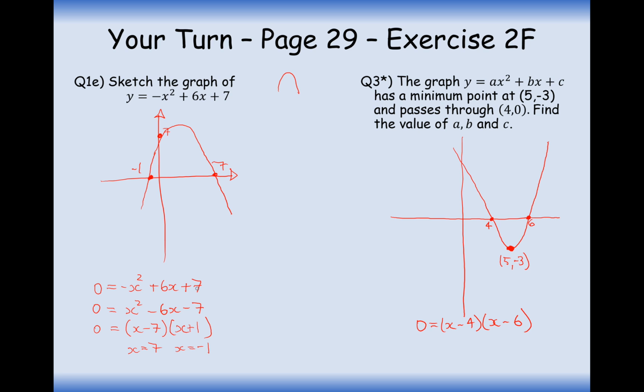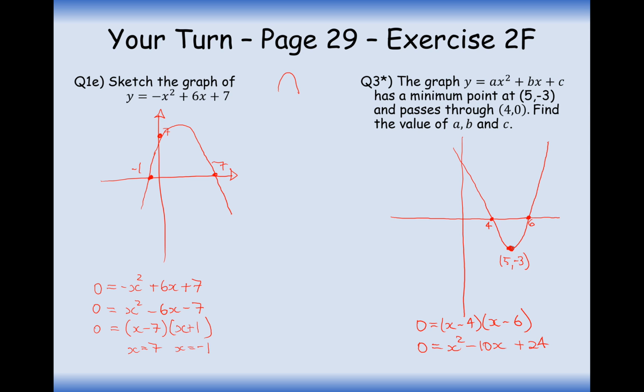Remember, that's how I found out these two values here, so therefore I must be able to work backwards and know that my brackets must be x minus 4 and x minus 6. So therefore, when I expand this, I'm going to get x squared minus 10x plus 24.